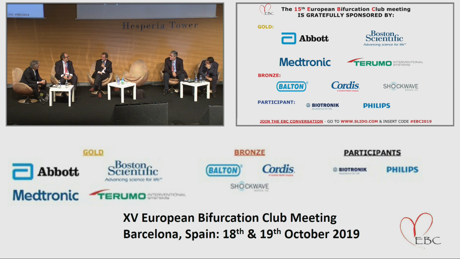One was crush and one was TAP. Especially in the TAP it was really good to see I could cross with another shorter Megatron to the circumflex, and the crossing through struts was, I was really surprised, very easy, despite the fact the stent is, compared to Synergy, a bit bigger from profile.